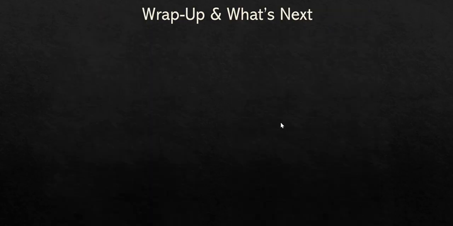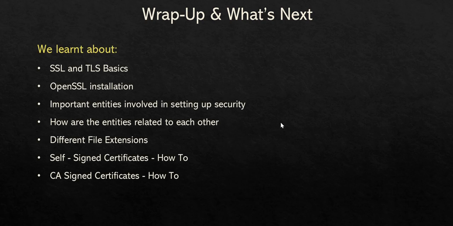We are finally on this last slide. I'll wrap it up quickly. So what we learned about this entire certificate hands-on, these are the things we discussed. What is SSL, TLS, how to install OpenSSL, what are the important entities that are involved, how they are related, what are the different file extensions, and then finally we concluded with some hands-on: how to create a self-signed certificate, how to create a CA, and then a CA signed certificate.